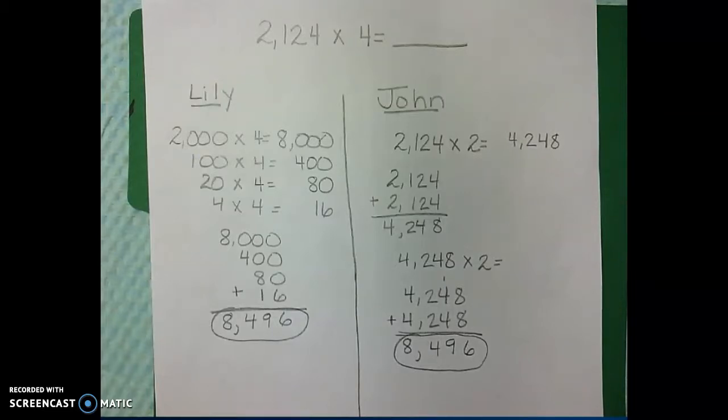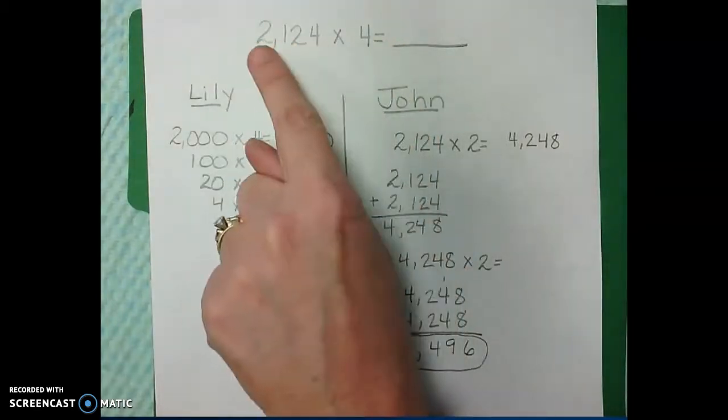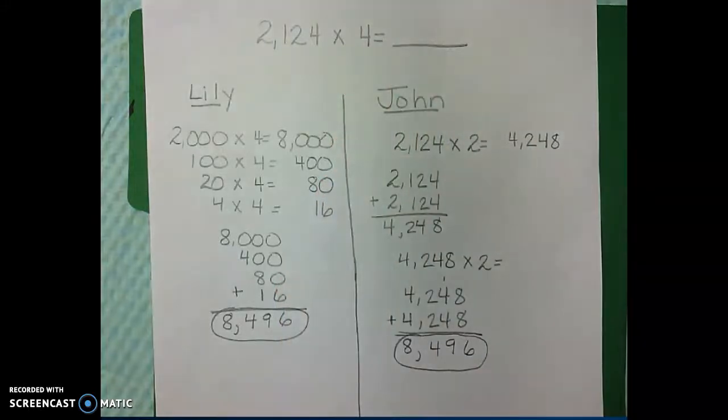Do you think these problems are harder to solve than multiplication problems that are 2-digit times 2-digit? So my question is, do you think problems like these, where you have a 4-digit times a 1-digit, are harder to solve than problems like a 2-digit times a 2-digit? Why or why not?